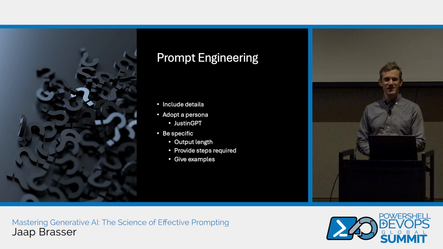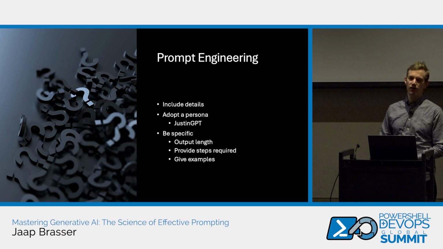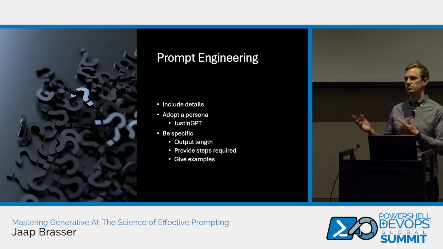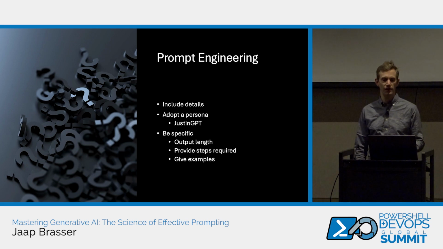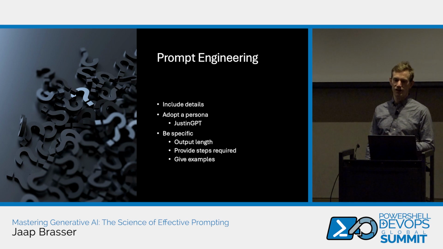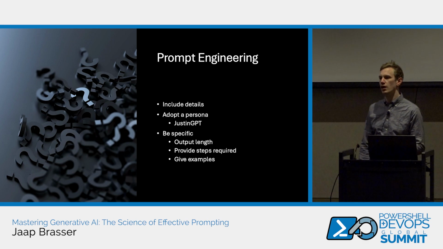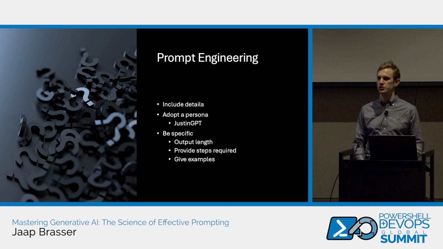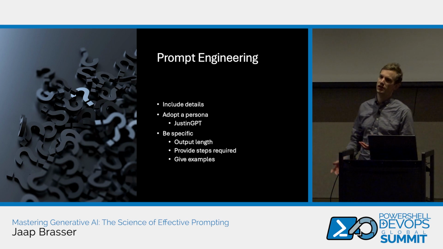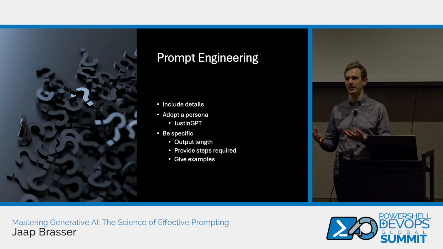All right, prompt engineering. Some of the things that are important: I also shared links afterwards with the resources where this comes from. Include as many details as possible. If you're writing a script or trying to solve a problem, provide as much context as possible, but make sure it's sensible data.